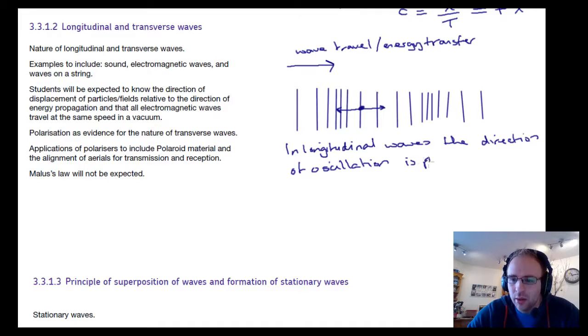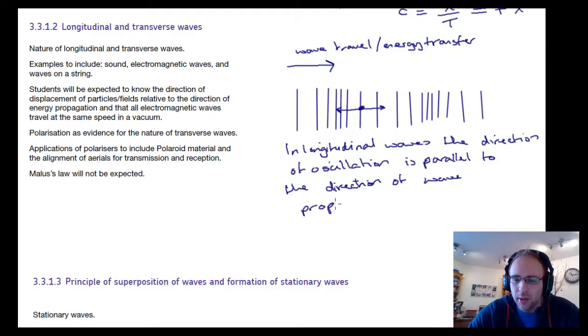It's parallel to the direction of wave propagation.